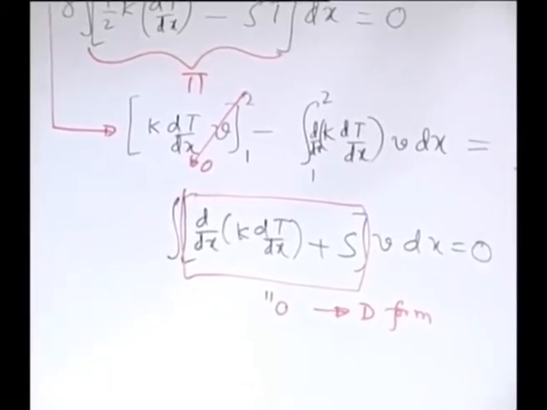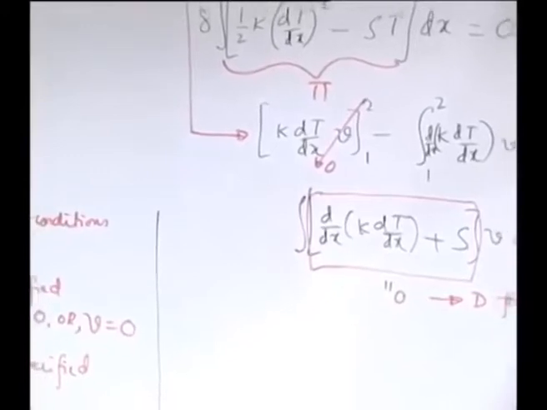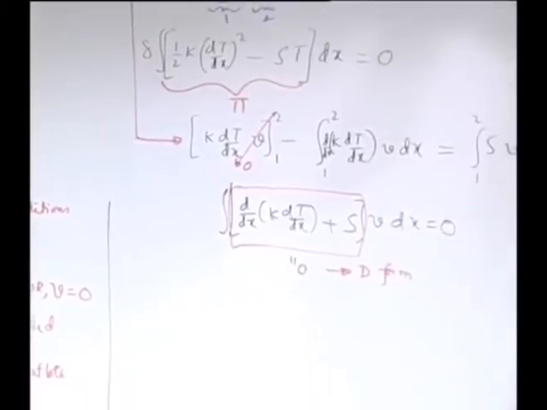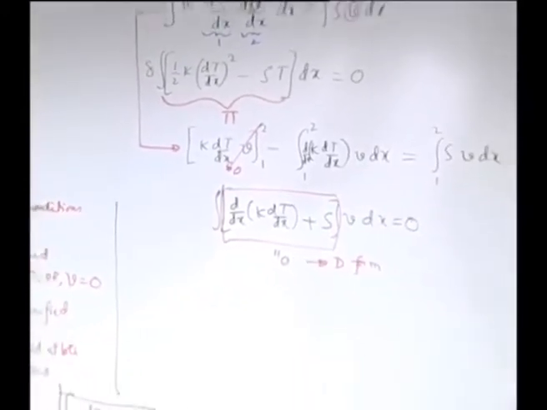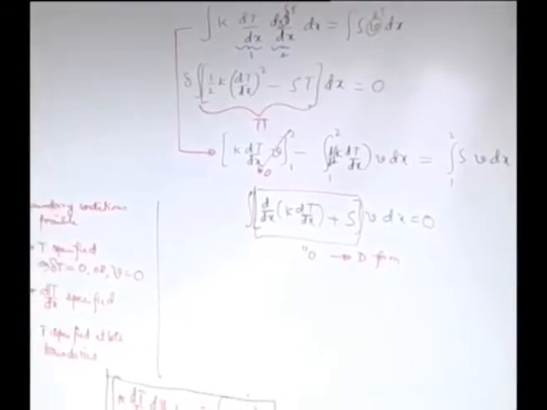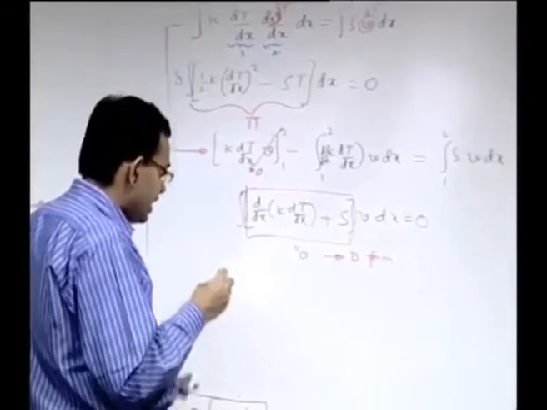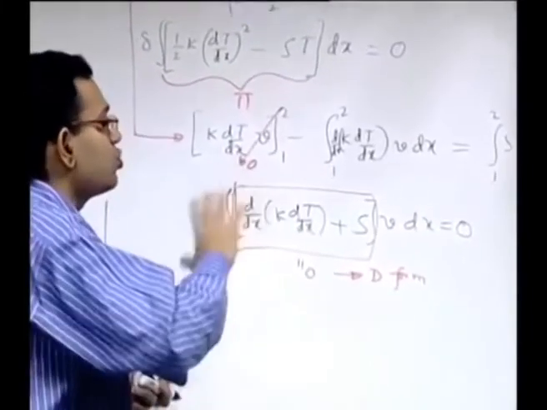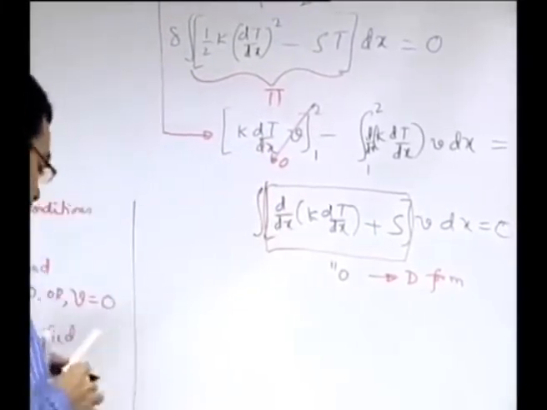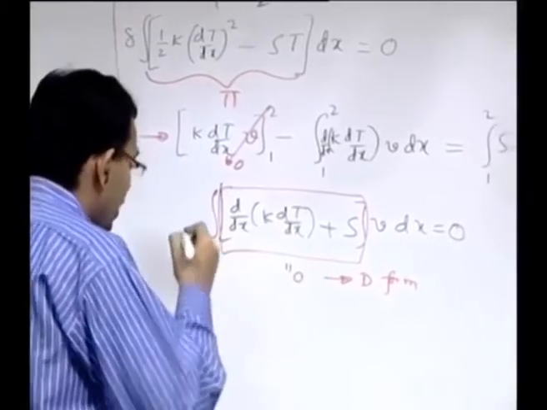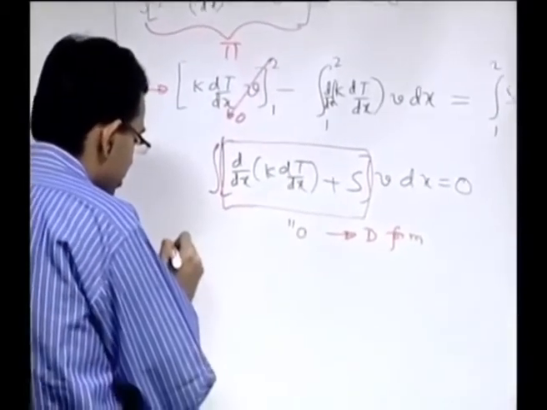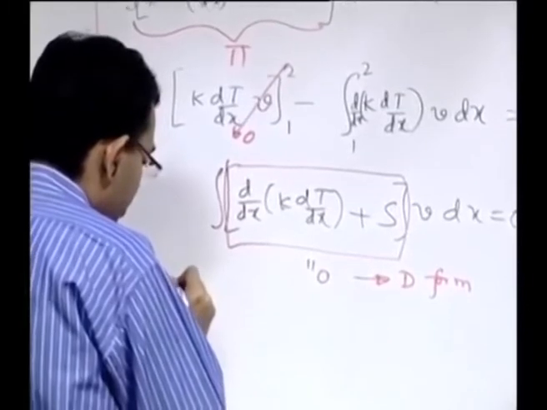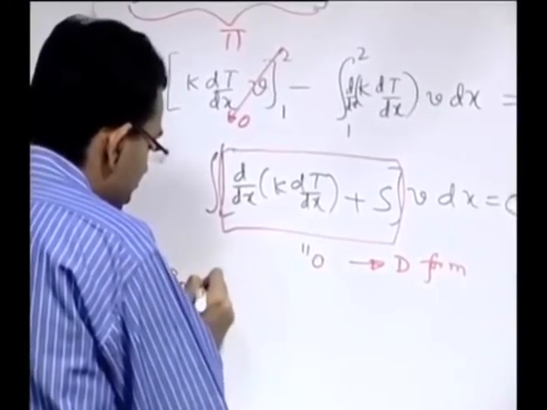We have taken that T is specified, but T need not be specified, the dT/dx itself could be specified. So in general, in a variational formulation you could treat these two different cases in a different way. So, one of the possibilities, boundary conditions in the variational formalism.